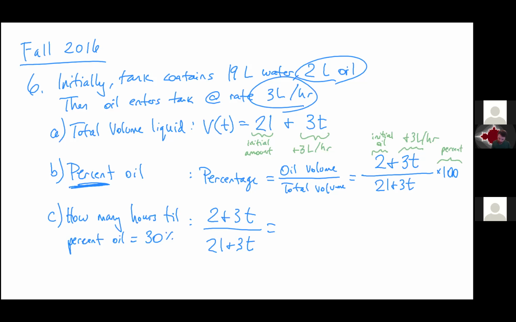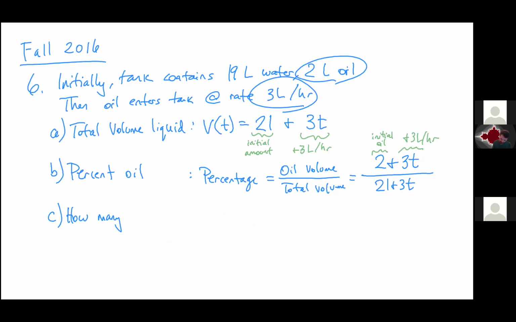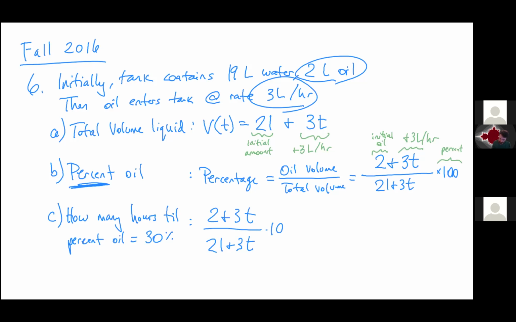Okay, so let me go over here then. If I multiply by 100, I want that to be equal to 30. Or equivalently, I could have left this off and done 0.3. But we'll keep it how it was for part B, the times 100.